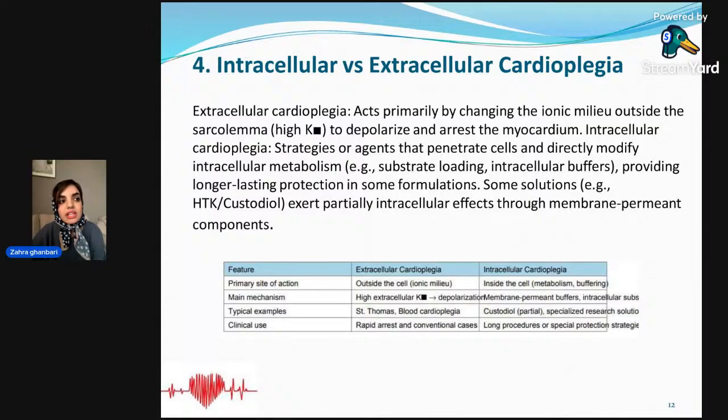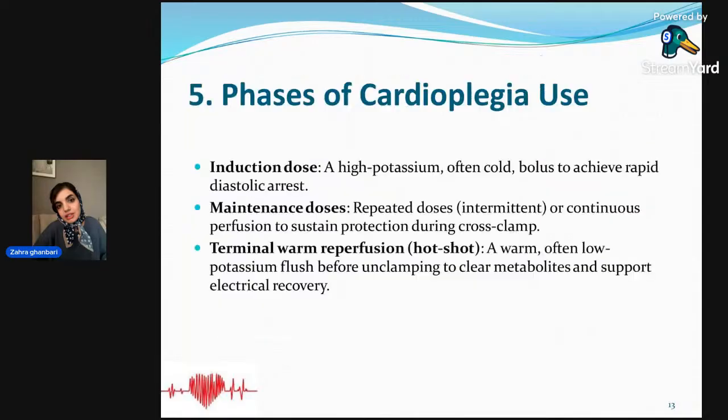So for example, you cut off the electricity of the house, and you turn on the cooling system. An example of intracellular cardioplegia is Custodiol, meaning HTK. It's one of them. Intracellular is better and gives better protection. Go to next slide, please.